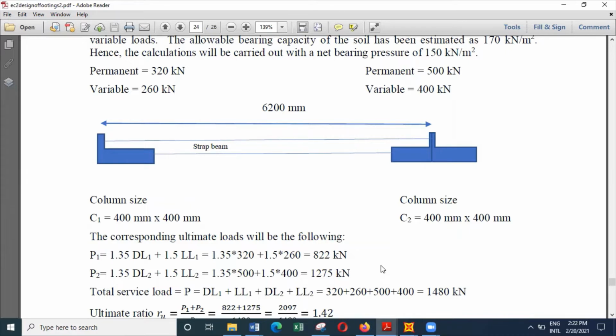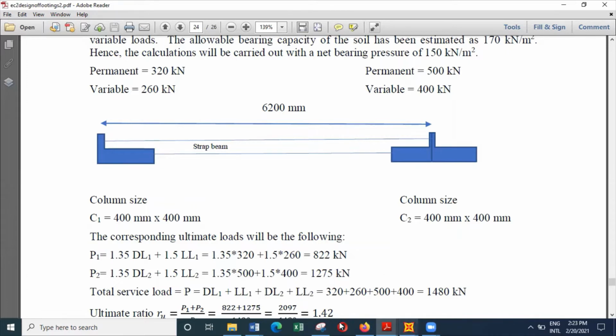Otherwise, you have to use different cover values for the strap beam and the column, because these reinforcements will be clashing with each other. So it may be a good practice to select a width which is higher than the width of the column.